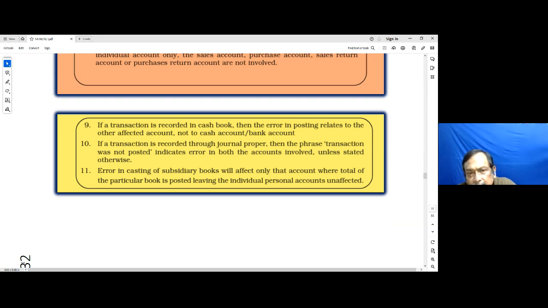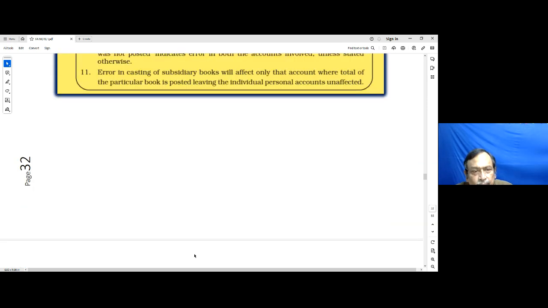If a transaction is recorded through journal proper, what is journal proper I have already mentioned today, then if the purchase transaction was not posted, it indicates error in both the accounts involved unless stated otherwise. Error in casting, adding of subsidiary books will affect only that account where total of the particular book is posted, leaving the individual personal accounts unaffected. So these are the rules.